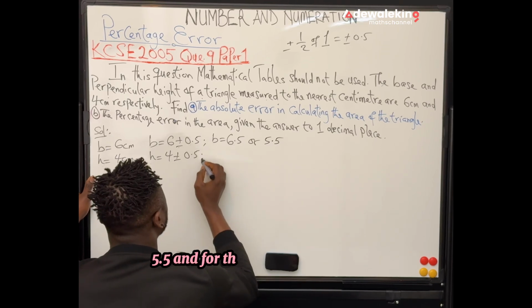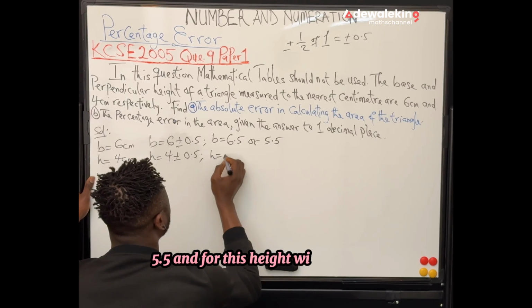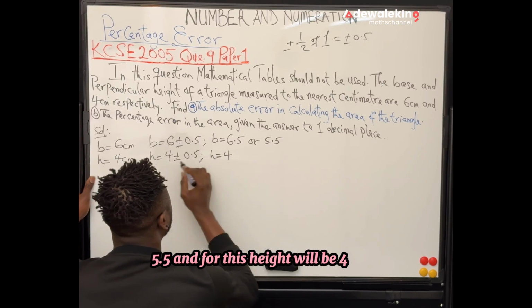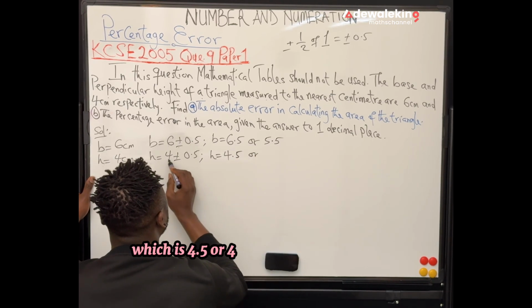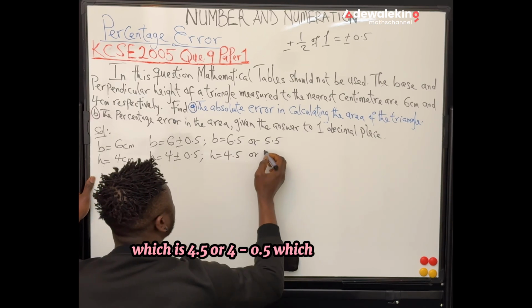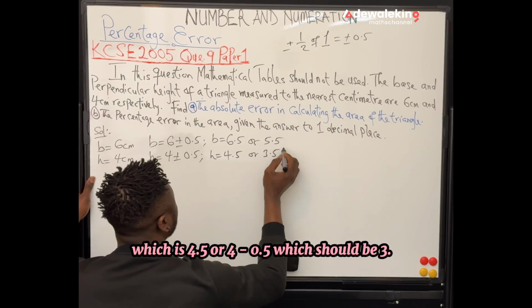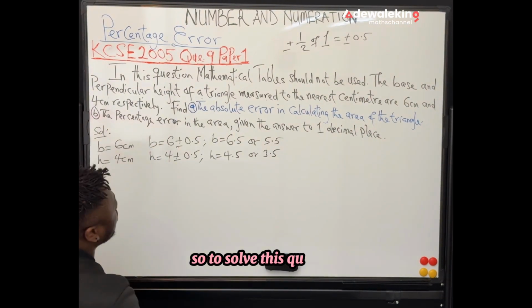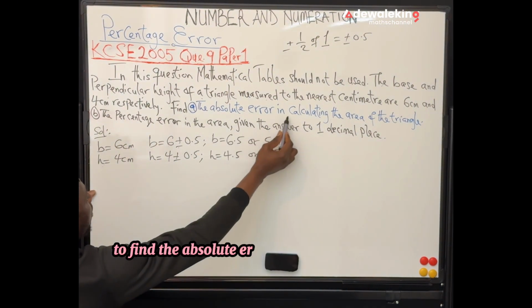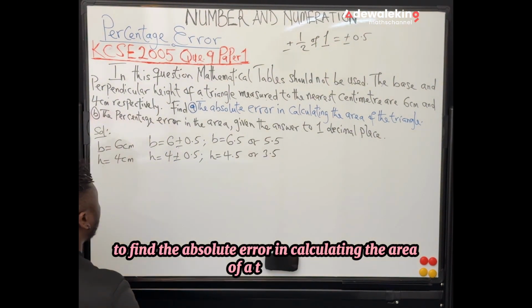And the height will be 4 plus 0.5, which is 4.5, or 4 minus 0.5, which will be 3.5 respectively.